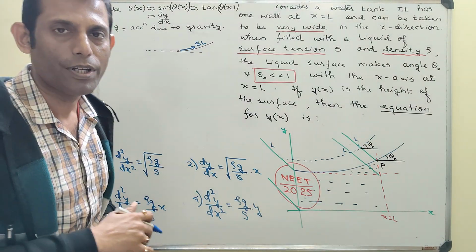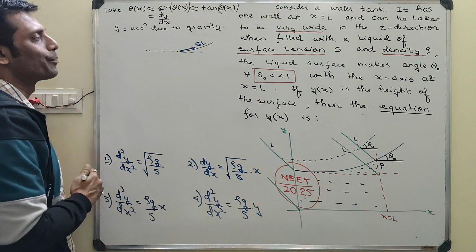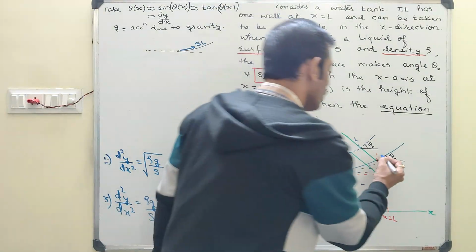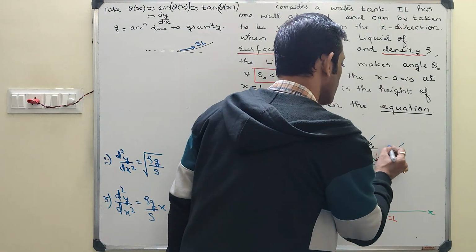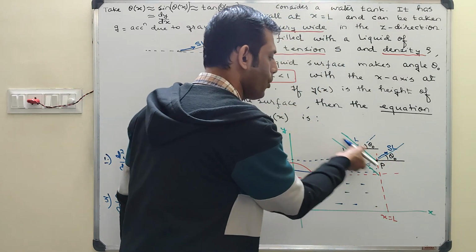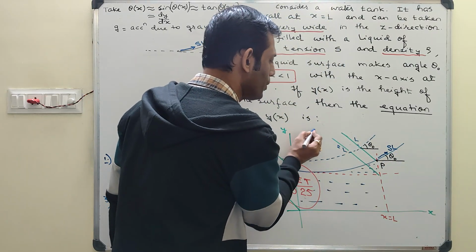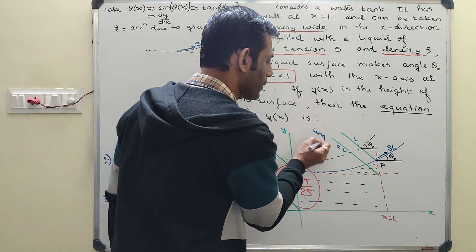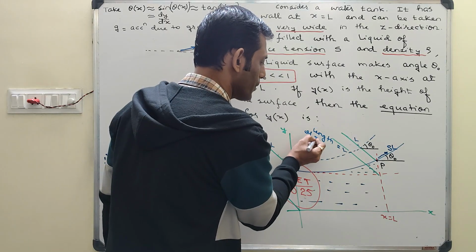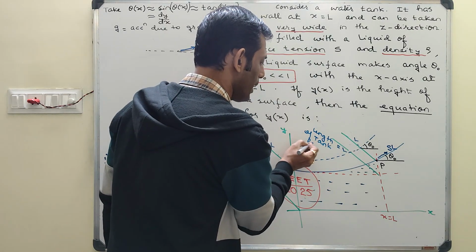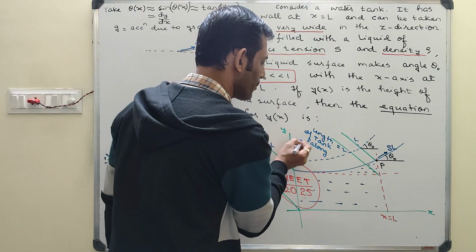Magnitude of the surface tension force would be SL. Why here? Because it acts along a length L, equal to the length of the tank along Z axis.